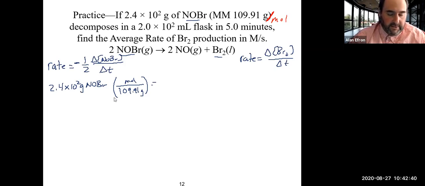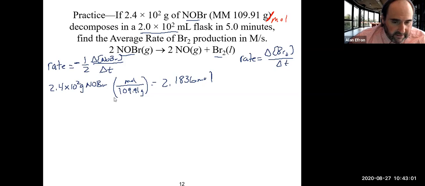And if you do that, let's see here, 2.4 to the 2. And that's not right. Yeah, so it was 2.2. 2.4 to 2 divided by 109.91 gets us something like 2.1836 moles. We want really molarity, so that is 200 milliliters, which means we should take this and divide by 0.2 liters, right?